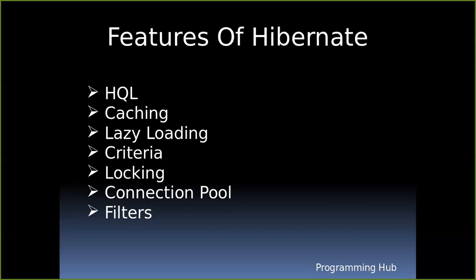To reduce the burden, Hibernate introduced the Criteria API, which internally prepares a tuned query and selects the data quickly from the database. With the Criteria API also, Hibernate improves the performance of an application. So it's a very good feature.